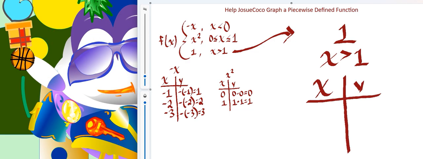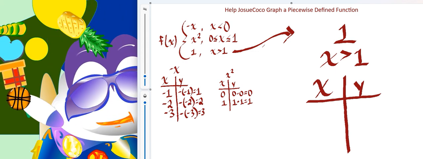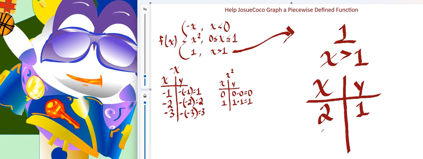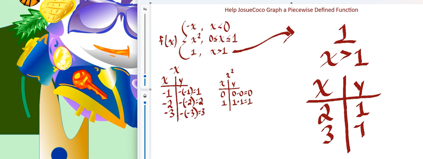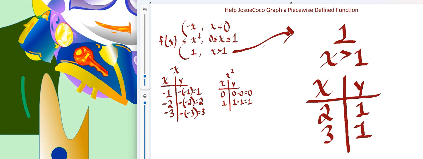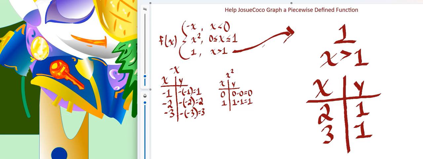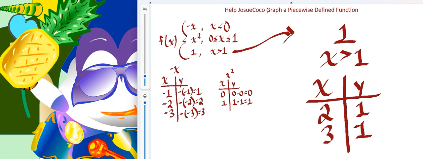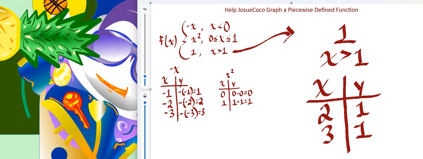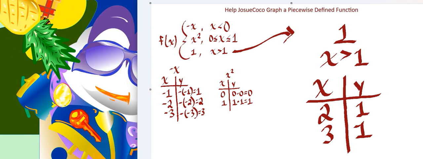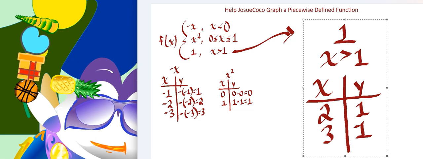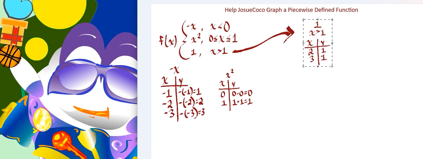X, y. So when x equals 2, y equals 1. When x equals 3, y equals 1. This statement here will be a horizontal line. Okay, let's minimize this statement here.